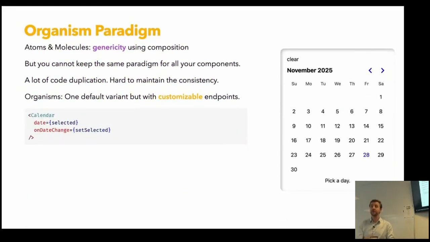That's where in our company we say, okay, all the patterns we showed before are more dedicated to atoms and molecules, so that you add extra behavior using, for example, the hook pattern I just showed. But sometimes you really say no, my component needs to be less flexible now.